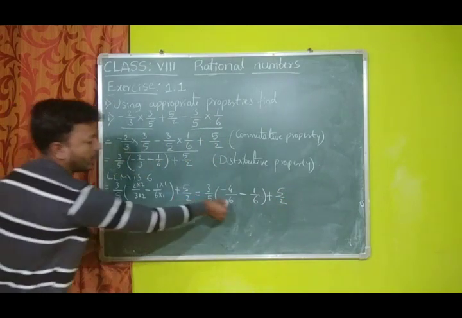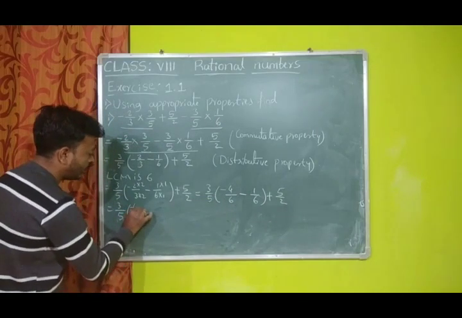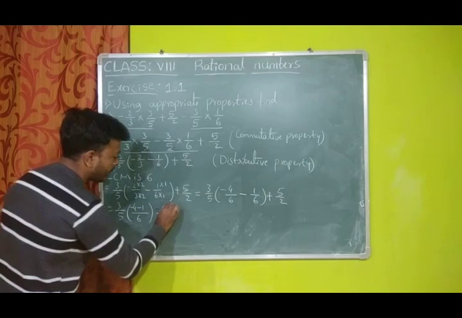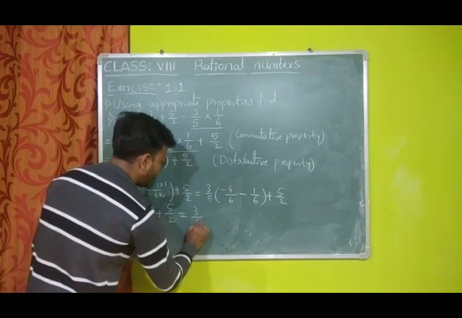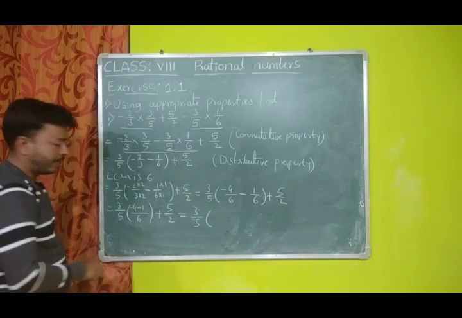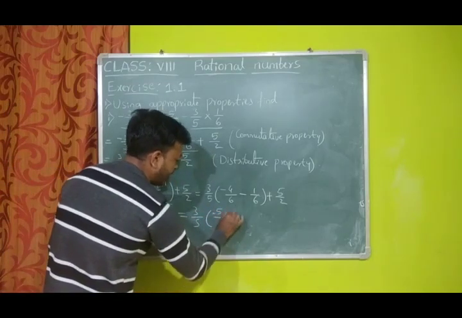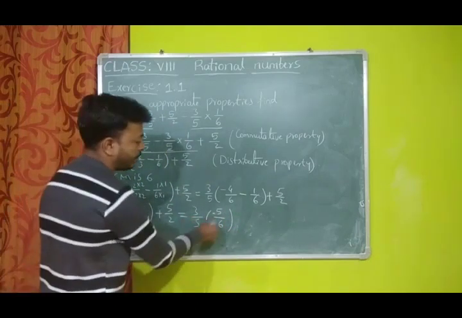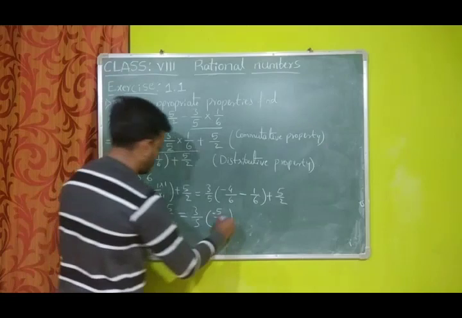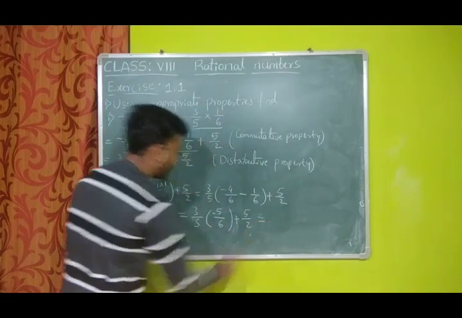So now, these were like fractions, 6, and here minus 4 minus 1 is 5 by 6. This is minus, bigger number sign, so minus will come there. 3 upon 5 bracket minus 5 upon 6, and this is plus 5 by 2 as it is.